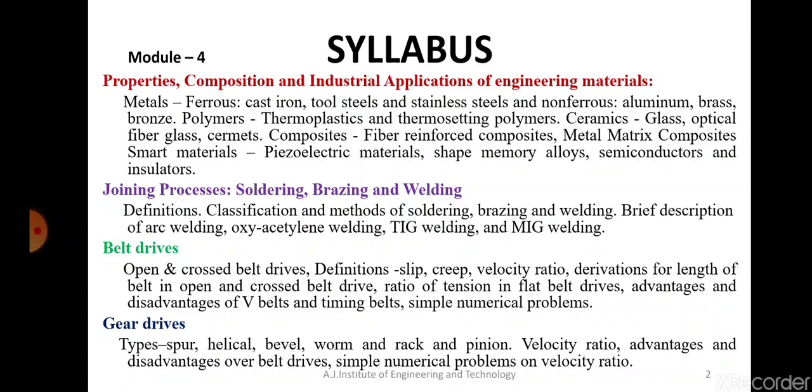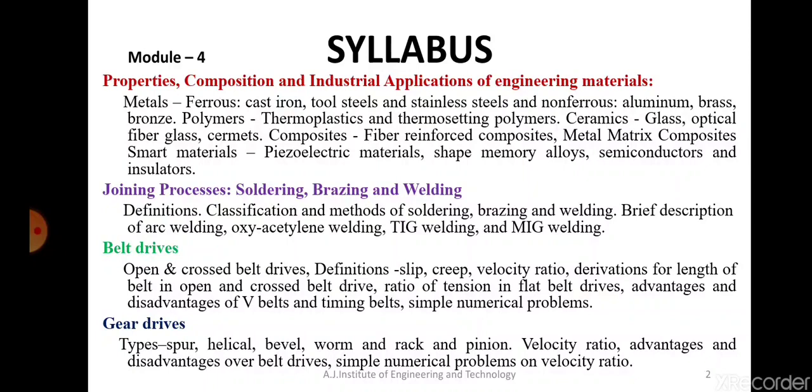So this entire concept is all about studying different types of materials. What are the different types of materials, what are their compositions, what are their properties, and what are their applications. So basically we have metals, and in metals we have 2 types, that is ferrous material and non-ferrous material.